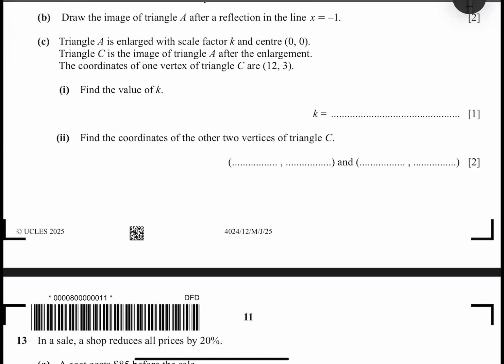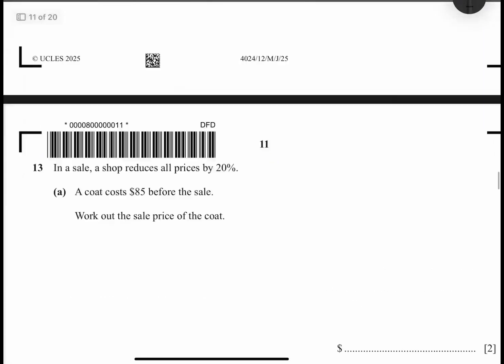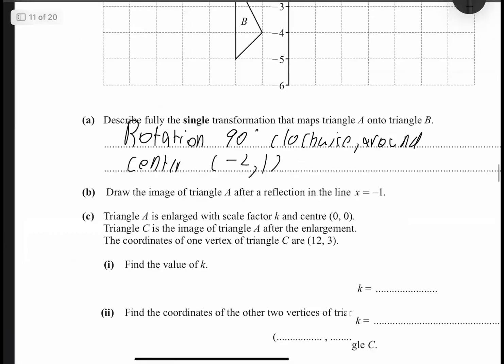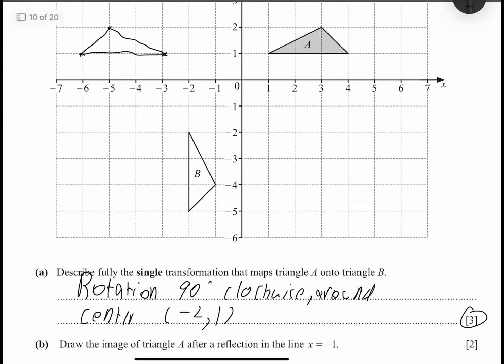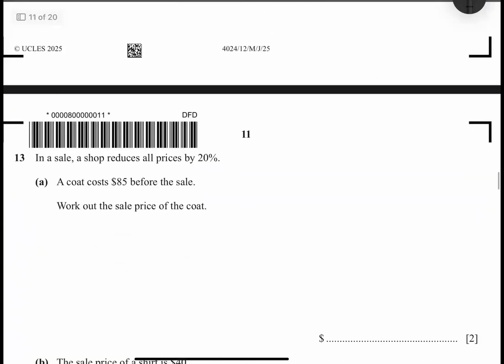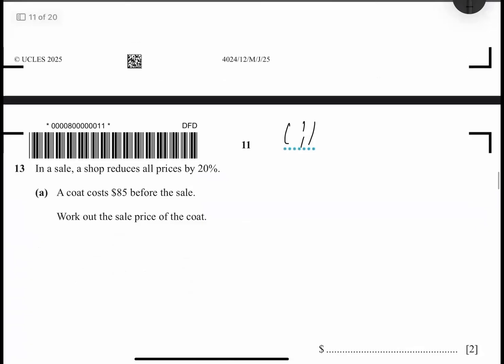The coordinates of one vertex of triangle C are 12, 3. So the coordinates of the points of A are 1, 1. I'm going to do the rough work here. You should probably do it on the blank page in your exam. In fact, you have to do it there and mention the question that you're doing the rough work of.